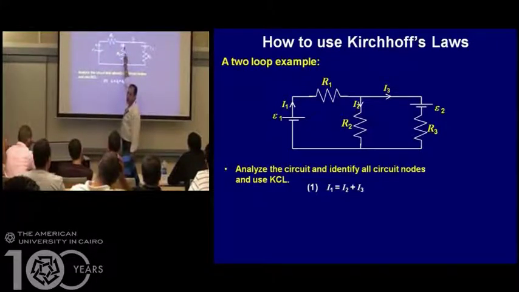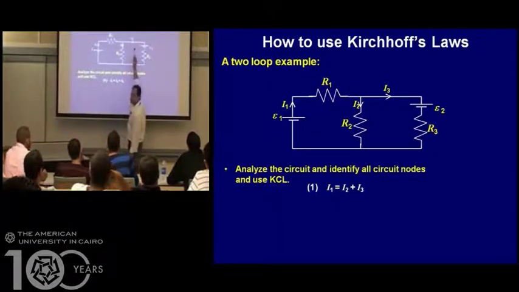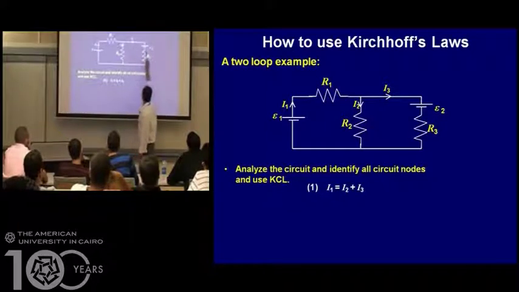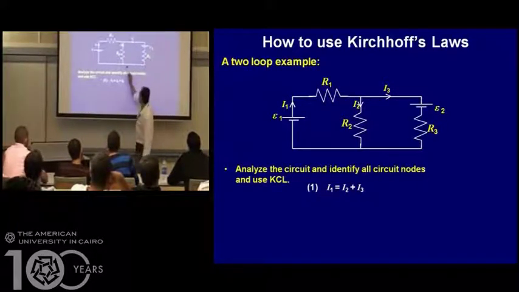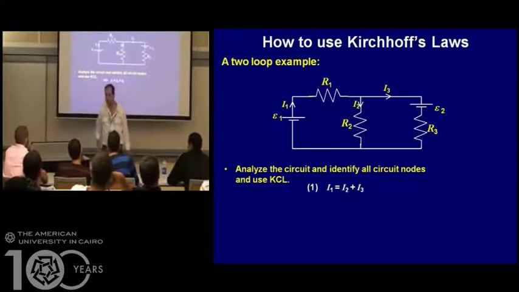It's going to be divided into two currents, I2 and I3. I3 is going to flow in this branch, down to that junction, and at that point it's going to meet I2 again, and they will combine to be I1 again and go back to the battery.